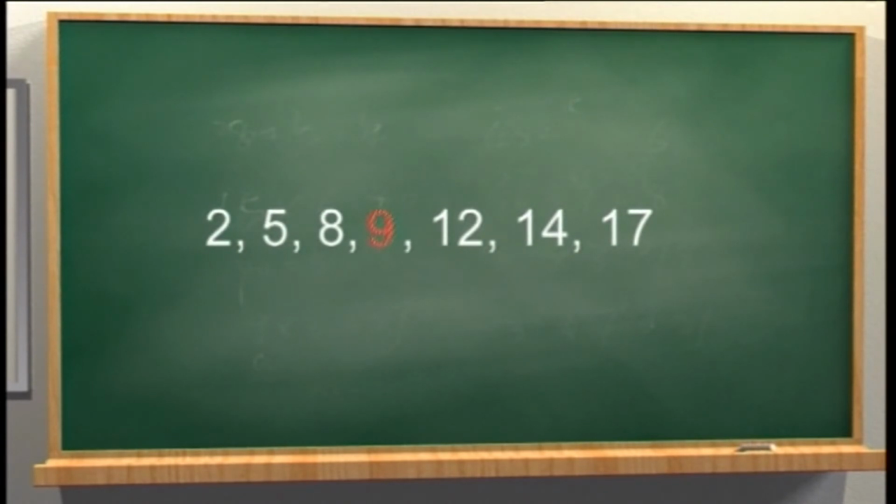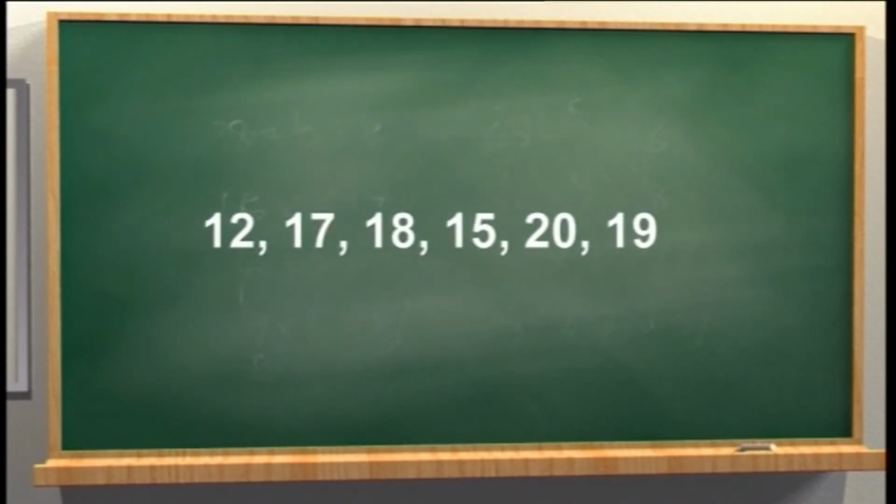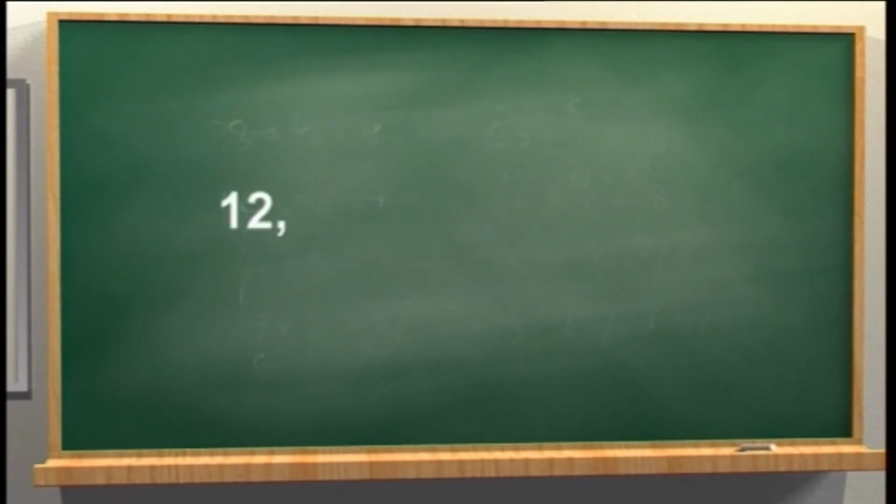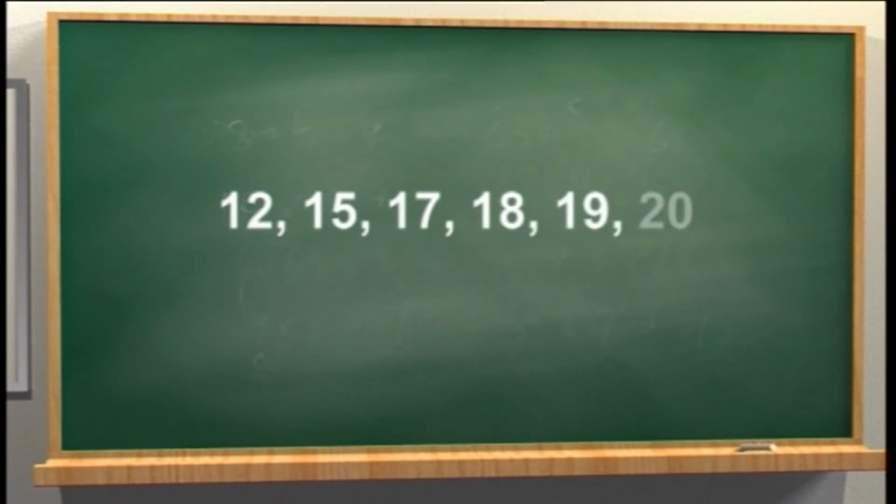Another example: let's find the median for the scores 12, 17, 18, 15, 20 and 19. The first step towards finding the median is to arrange the given scores serially in ascending or descending order. You will get 12, 15, 17, 18, 19 and 20.